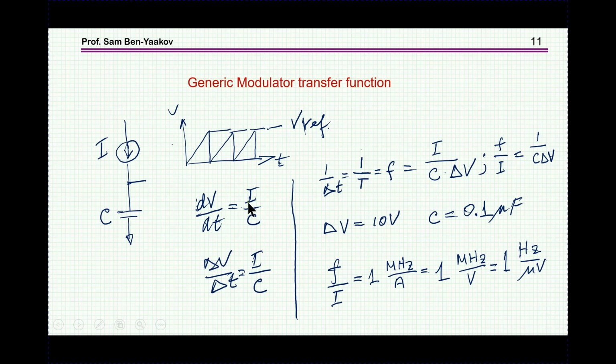I'm starting with dV/dt equal to I over C, or delta V, and I'm getting here that 1 over delta T, which is frequency, is this value, or in terms of frequency to current, it's 1 over C delta V. In our case, delta V is 10 volts, C is 0.1 microfarad, so it comes out to be F over I of 1 megahertz per amp, or 1 megahertz per volt, because we have a 1-to-1 relationship between the voltage excitation and the current, or if you wish, 1 hertz per microvolt.